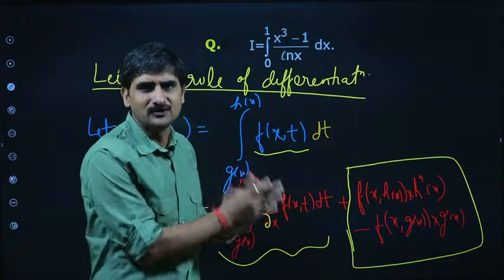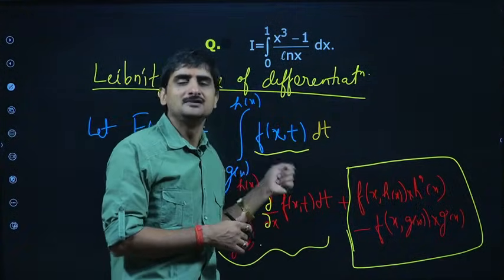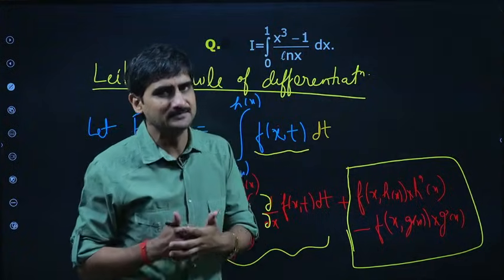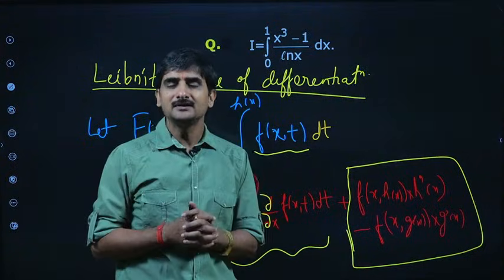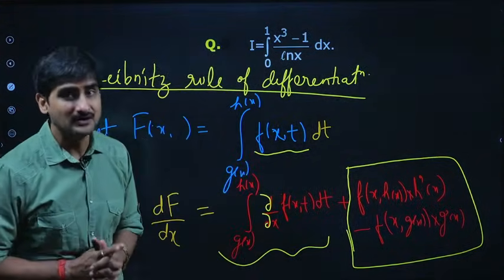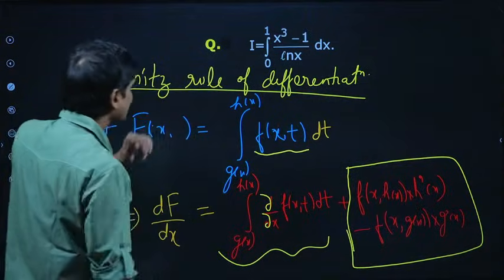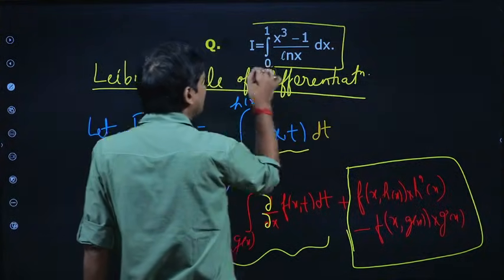The rest of the form is: replace t by the upper limit into the derivative of the upper limit, minus, replace t, wherever in the function you have t, the variable of integral, by the lower limit into the derivative of the lower limit.